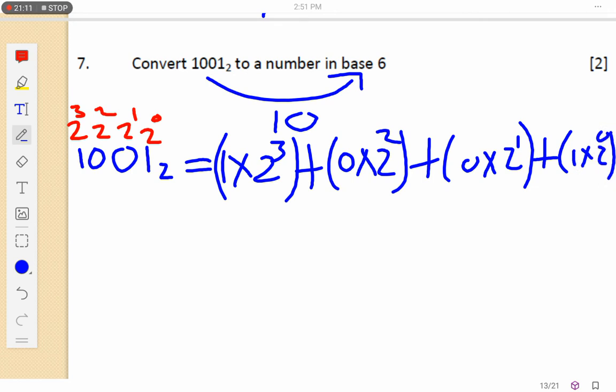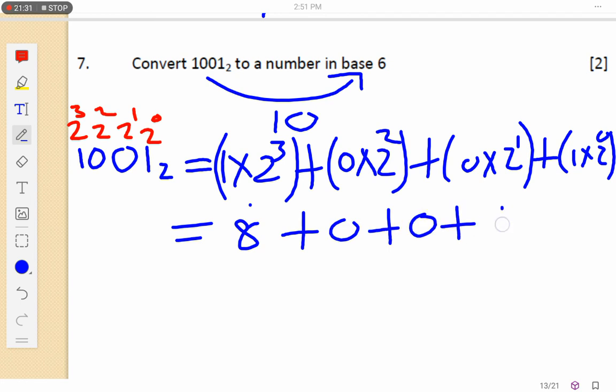That's the last part there. The first one, I've got 2 to the power of 3, that's 2 times 2, we get 4, times 2, we get 8. So I'll have an 8 here plus a 0 plus a 0 plus 1. So in base 10 it is equal to 9.